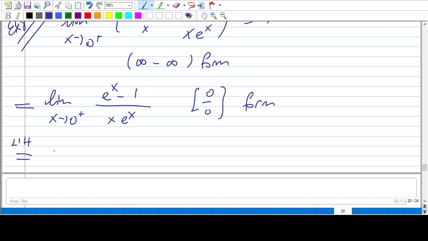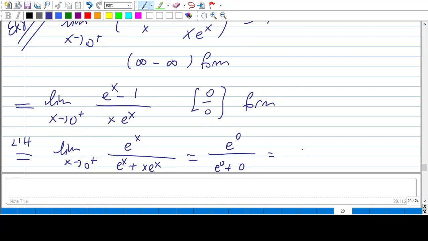Limit x to 0 from the right side, e power x, whose derivative with respect to x is e power x again. In the lower term, the derivative of the first factor x is 1, times e power x, plus x times e power x. If you put 0, it will give us e power 0 over e power 0 plus 0, which is 1. The result is 1.